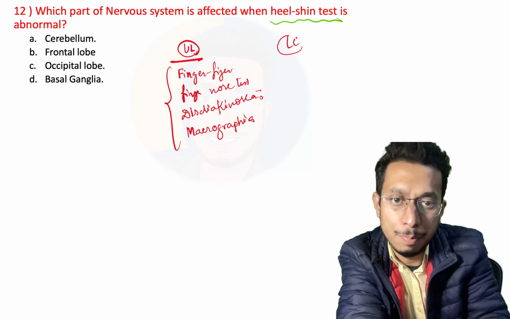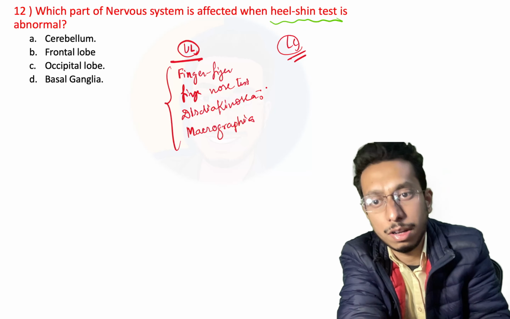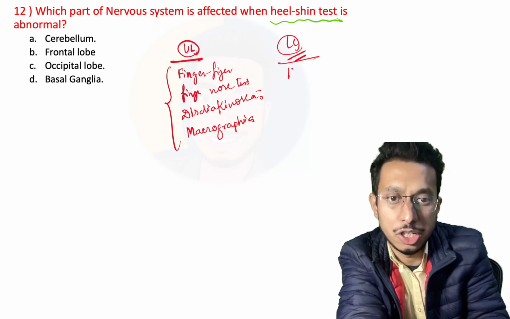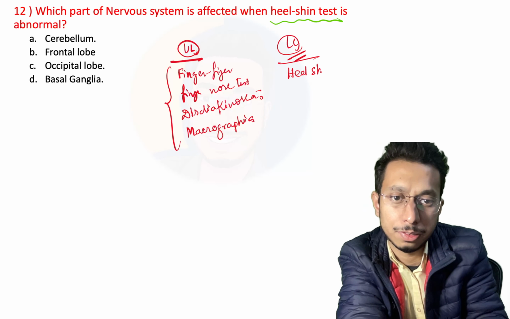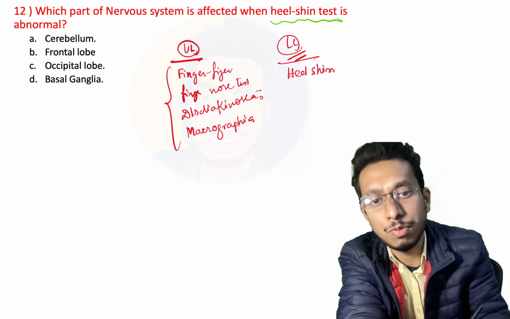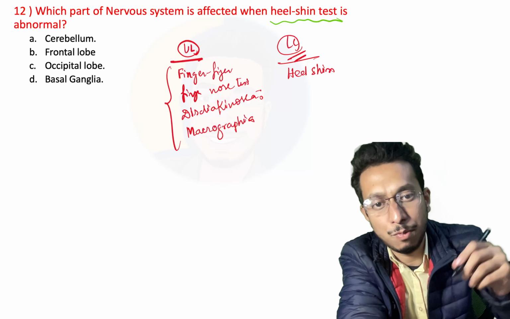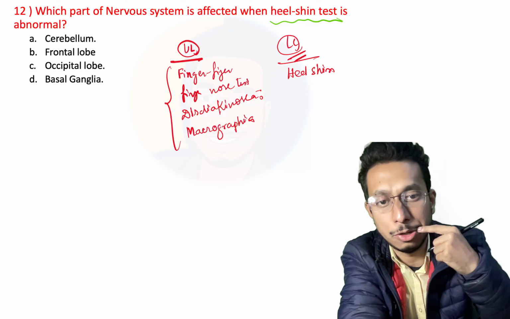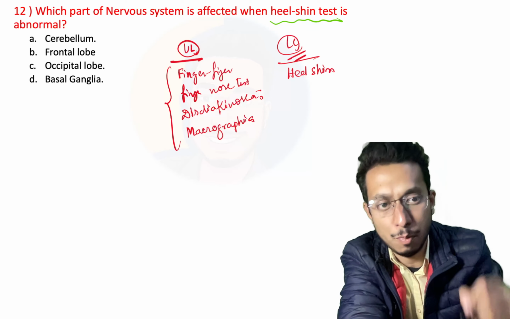Whereas in the lower limb, the test to check for cerebellar function is the heel-shin test, where the coordinated movement of one foot is to keep it from the shin to the heel. The patient needs to do it and make it a repeated movement.